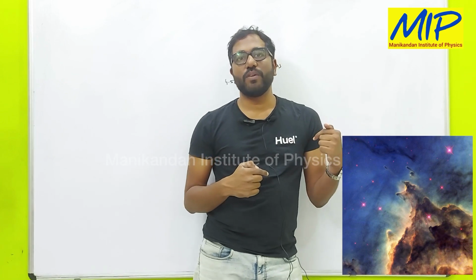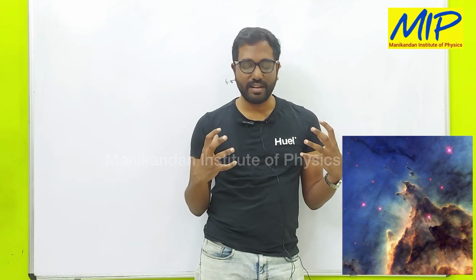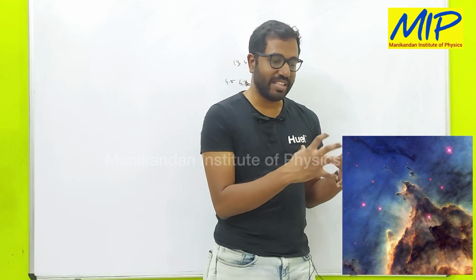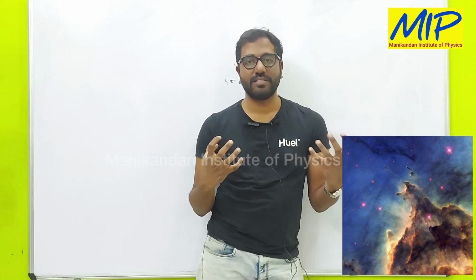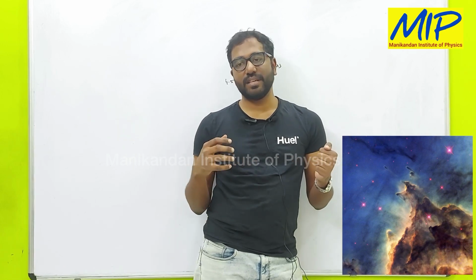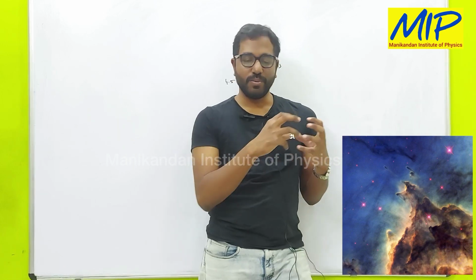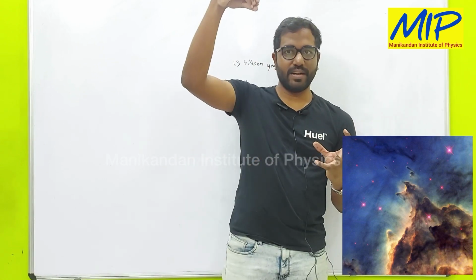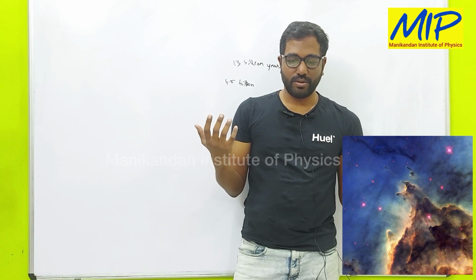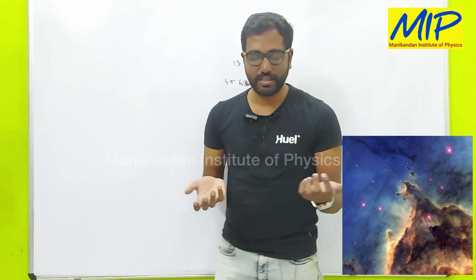And this is what, you can search for it, or I'll put the image over here, we call stellar nurseries. These stellar nurseries are places where there is a lot of what we call dust. Dust is nothing but carbon and silica and so on. You can search for the Eagle Nebula, for example.